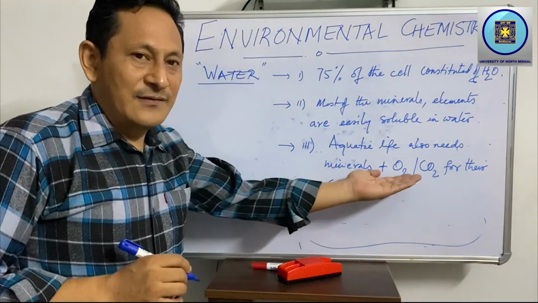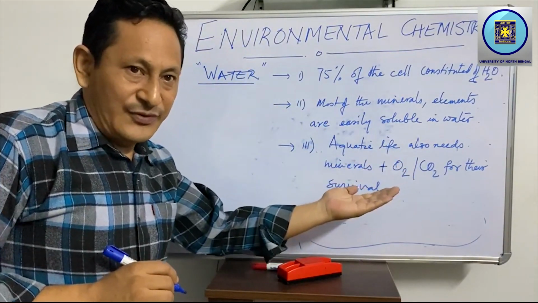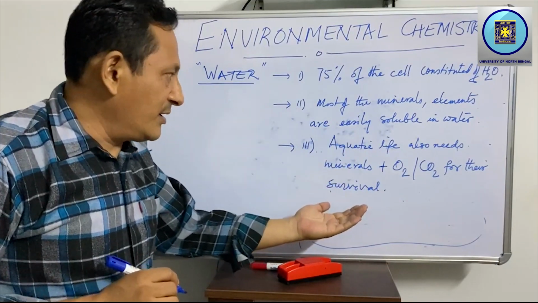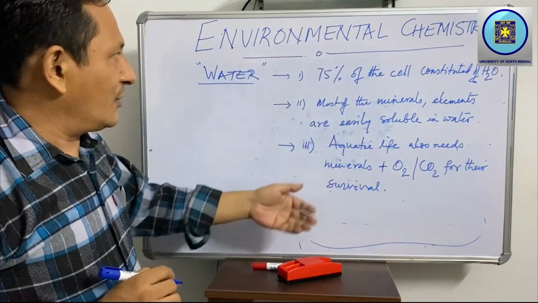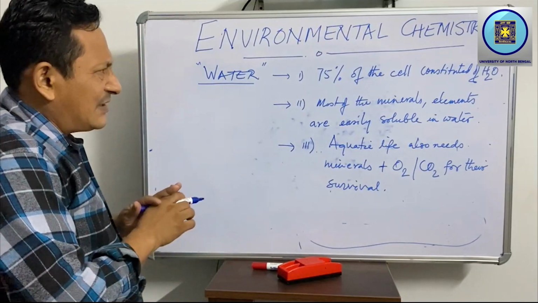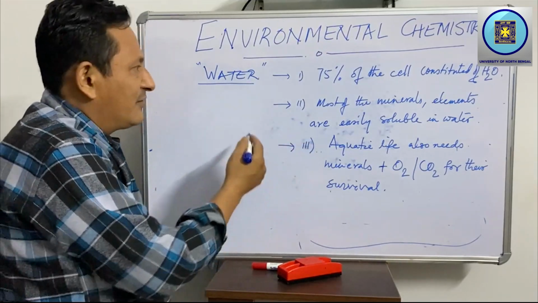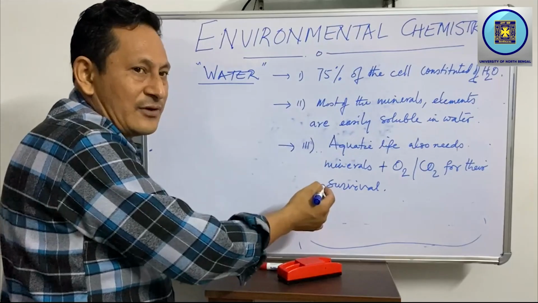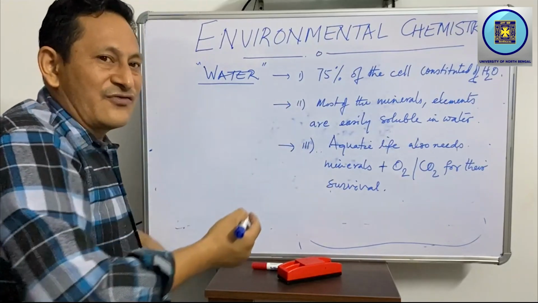And these dissolve in water. Water is a carrier for them. So if you look at it in a gist, what does that mean? For the very existence of life, we need water. So that's what is very, very important.